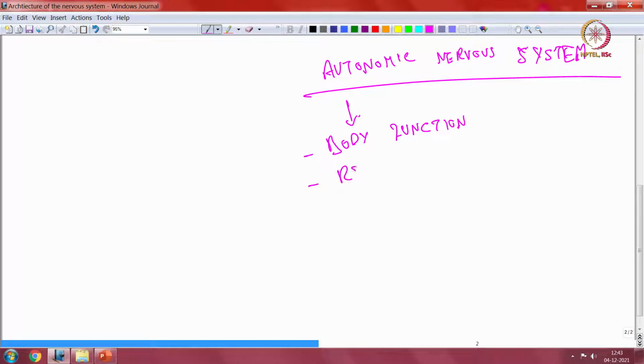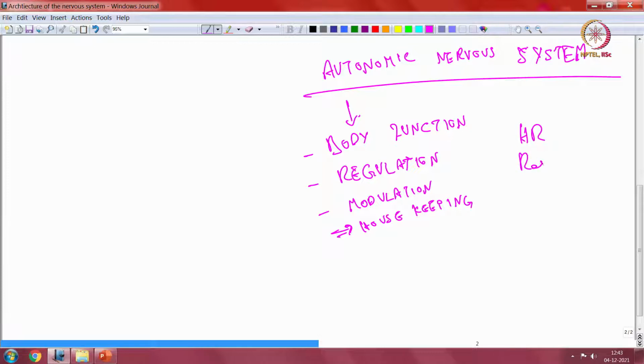It is regulation, modulation and in general housekeeping, I think that's the easier word, housekeeping. Something like heart rate, respiration, digestion, and so many other things which are housekeeping for the body are taken care of by the autonomic nervous system. It basically works at an unconscious level.